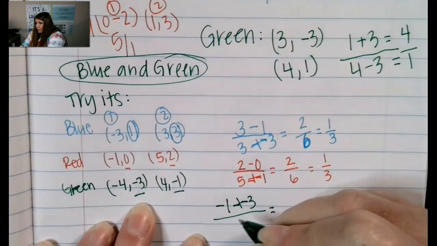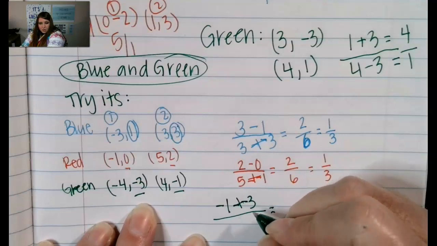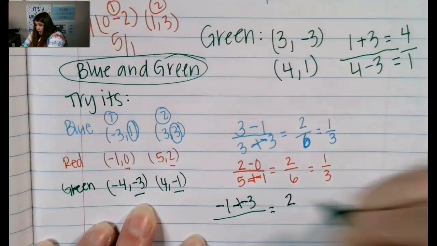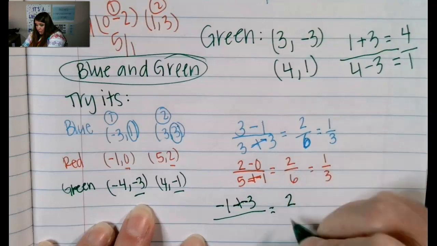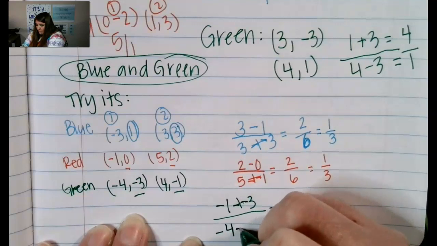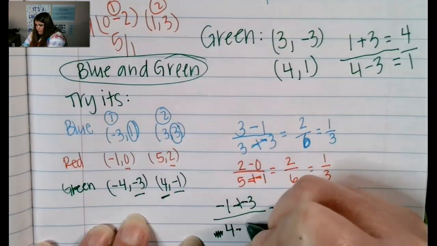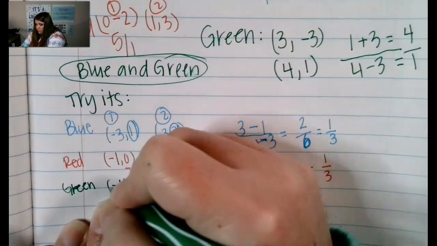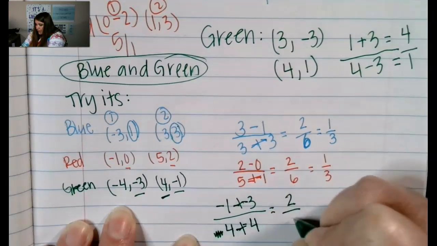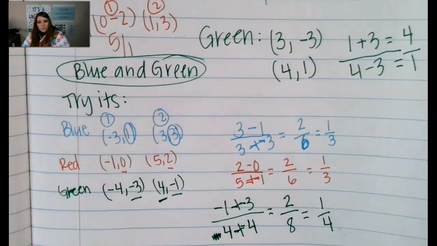I have negative 1 in the bank, and I add 3 to it, which means I have a positive 2. Ooh, look at that, positive 2. And then for the x, 4 minus a negative 4. Those add, and I get 2 over 8. So that one is 1/4. Man, we were so close to having triple parallel lines.